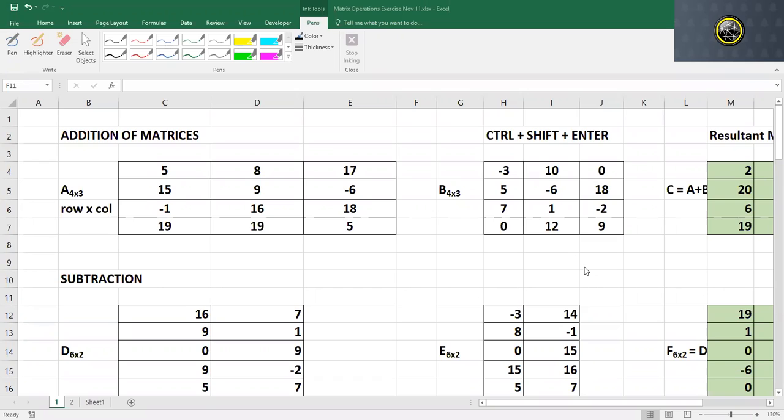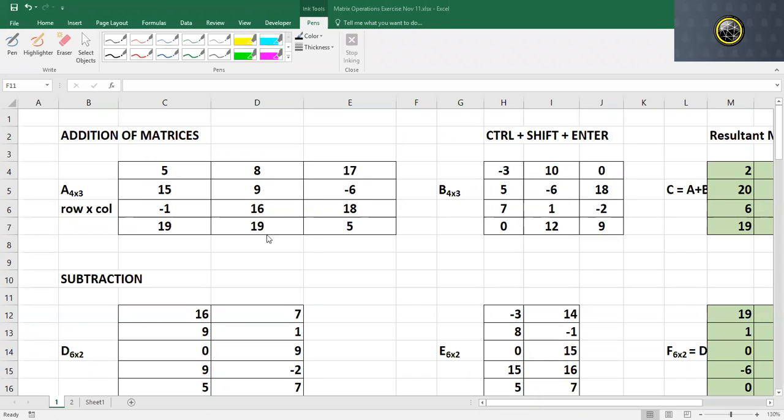So just by way of quick review, we learned that matrices are just a collection of numbers. We identify matrices usually by a capital letter, but you can name it otherwise. And we identify its dimension by the number of rows and columns. We said that matrices can be added or subtracted.